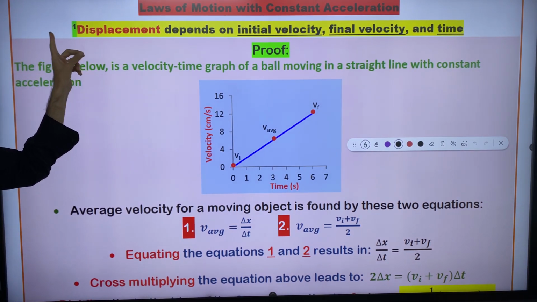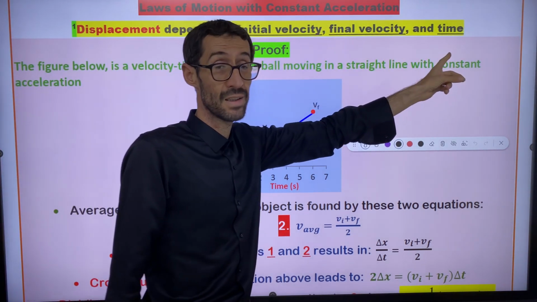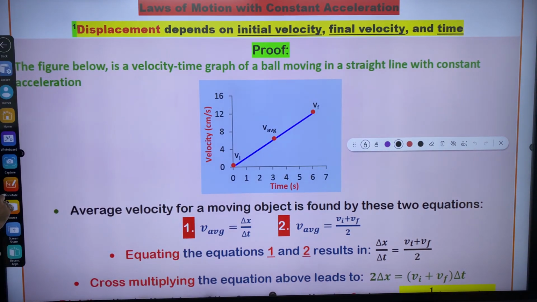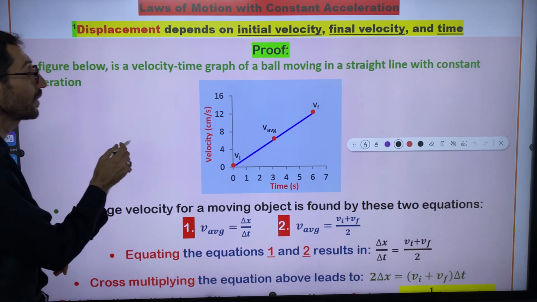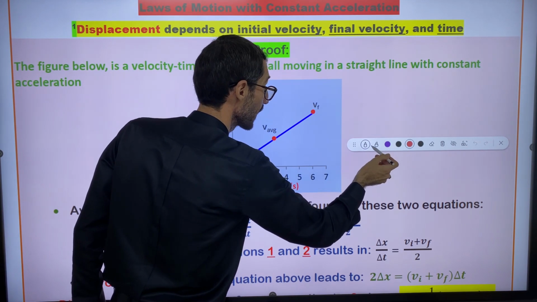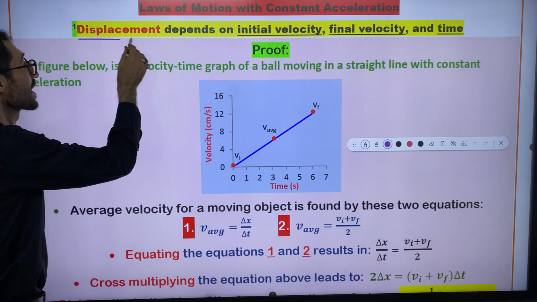The first rule: displacement depends on initial velocity, final velocity, and time. So what's our duty? Our duty is to find the rule that includes displacement.